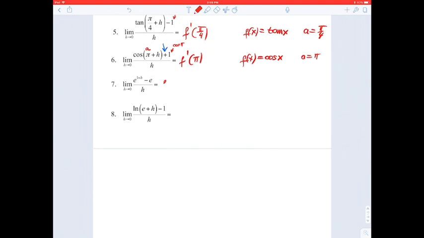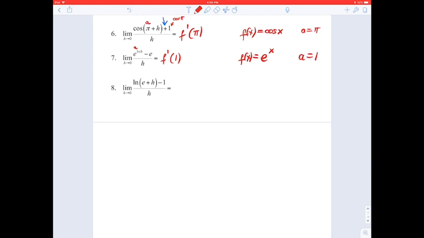Okay, this one looks like the derivative of e to the power of a number. I can start with e to the power of x, and a is 1. I mean, the quantity a is just 1. That means the derivative at 1 of the function e to the x. And the last one is limit as h goes to 0 of ln of the quantity. Okay? ln of a, and a is e.